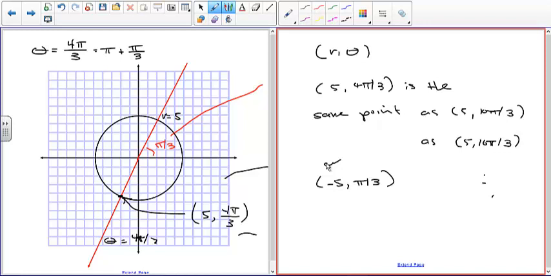So you can have negative radiuses as well. Now most of the time we'll just do it between 0 and 2 pi. There's not really a whole lot you get out of doing it to all these other ones.